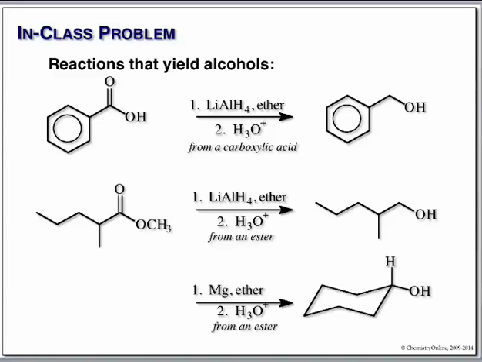Also attached to the ester carbonyl was a hydrogen. That means that the rest of this, the whole 6-membered ring, came from the Grignard. We're adding it twice, so we've added once to the carbonyl, twice to the carbonyl. This is a combination that would work.